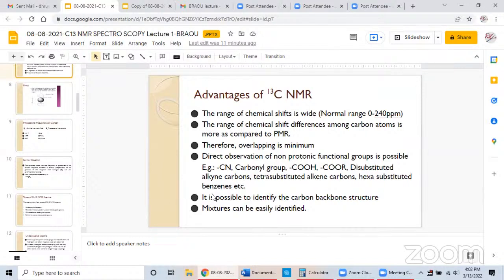From the chemical shift, you will be able to know whether aromatic carbons are present in the molecule or not. This is another very important advantage in structural elucidation. And as I told you, the carbon backbone structure in a mixture can be easily identified because of the wider chemical shift range.